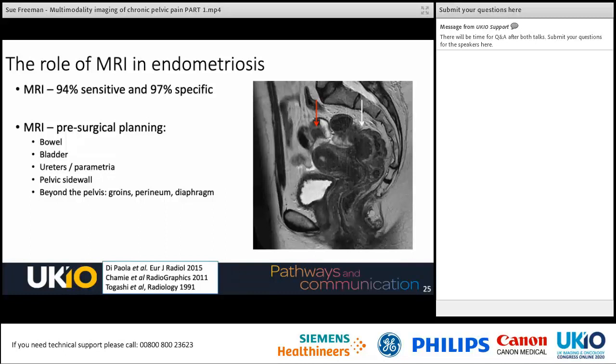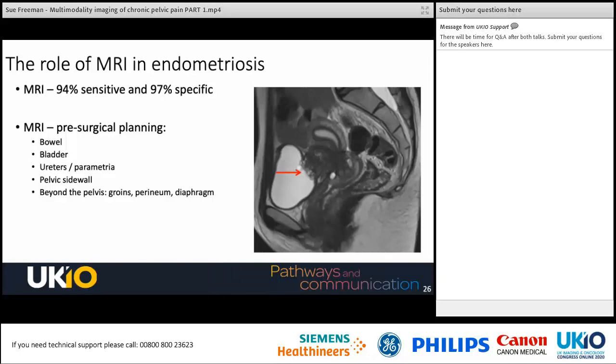So again, in this case on the right, we can see a large rectosigmoid deposit indicated with the white arrow. That was easily seen on ultrasound. But what the MRI revealed was the presence of a further lesion within the small bowel, which is causing a degree of obstruction indicated by the red arrow.